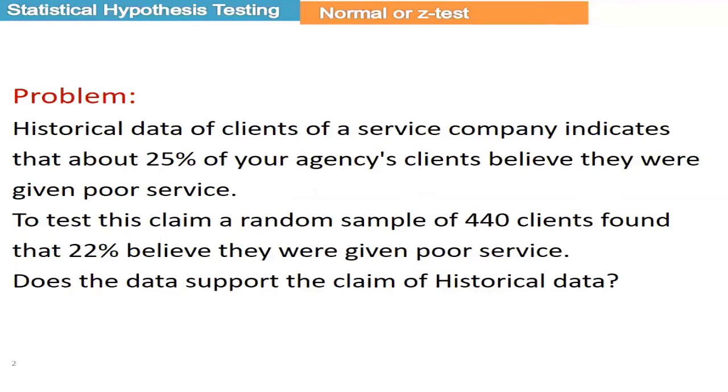This is an example from the historical data of a service company. It is found that 25% of the agency's clients believe that they were given poor service. So the claim is that 25% of them are getting poor service.